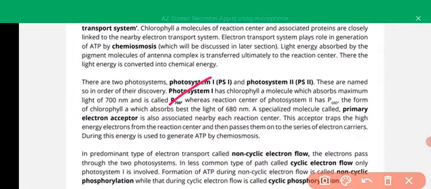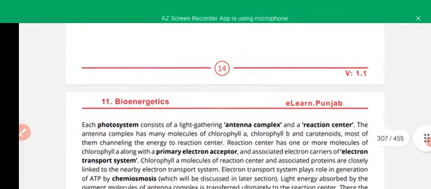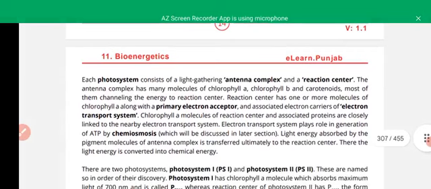It was discovered first, and it absorbs light of 700 nanometer wavelength. P680 is photosystem 2, which absorbs light of 680 nanometers. Photosystems contain a light gathering antenna complex and reaction centers. The antenna complex contains chlorophyll A, chlorophyll B, and other carotenoids.